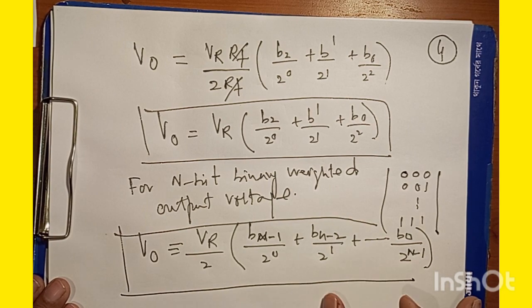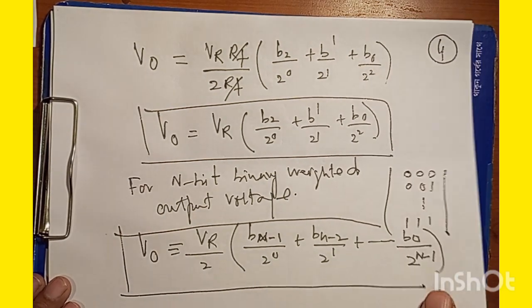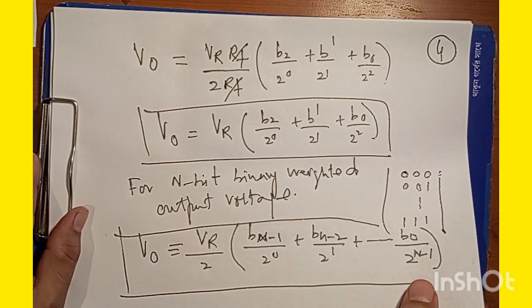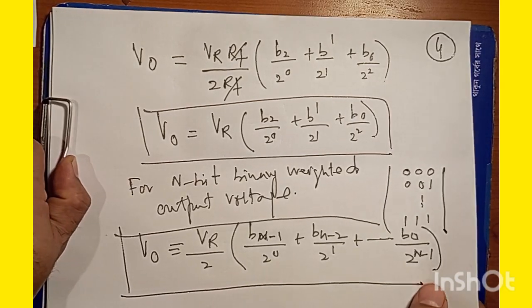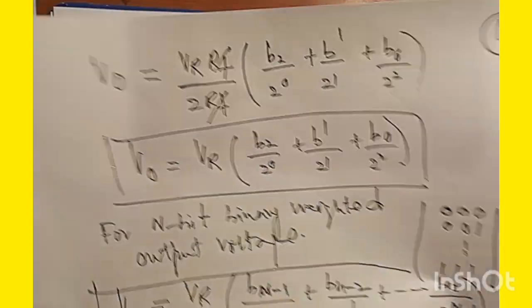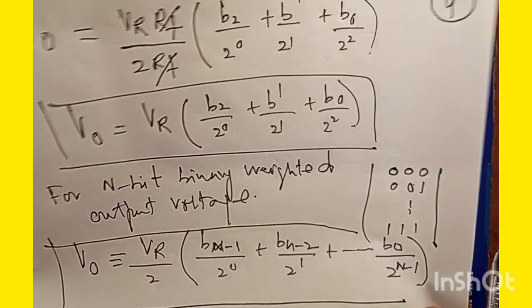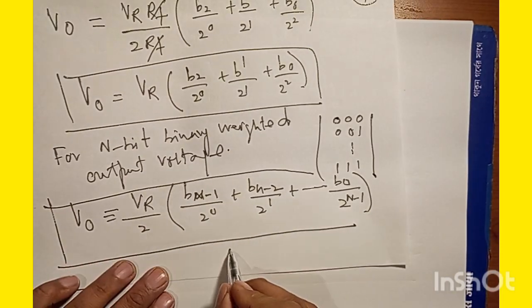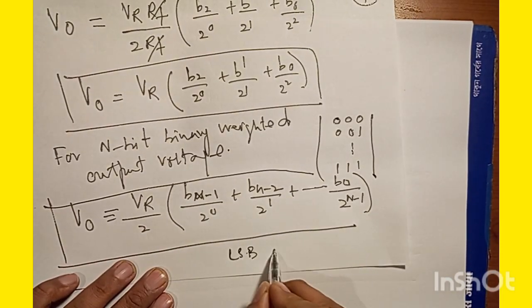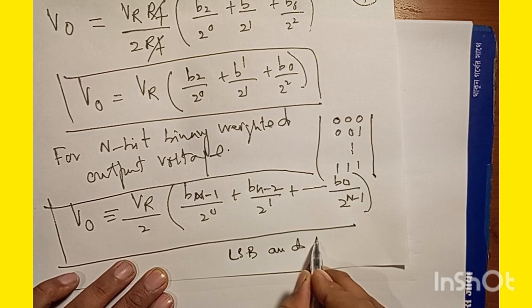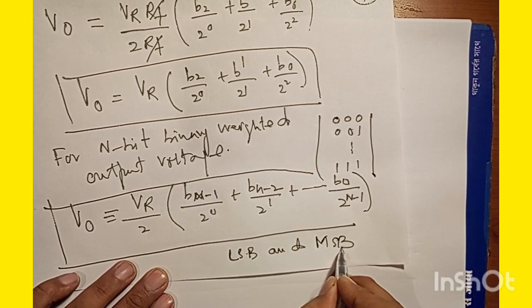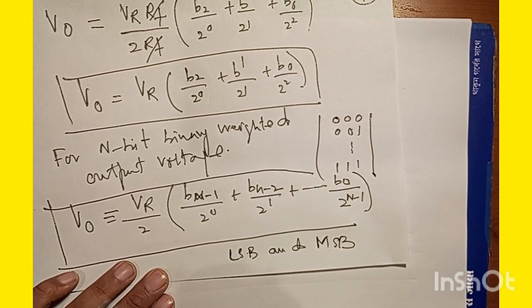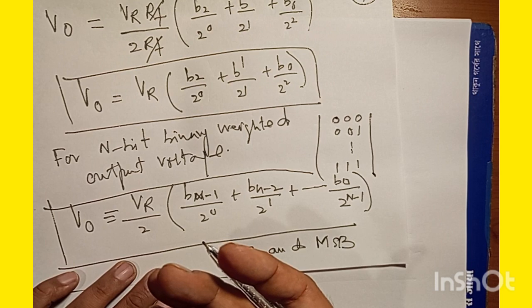Now to proceed, this kind of configuration that we have discussed, in this case the difference between the resistance values corresponding to LSB and MSB will increase as the number of bits present in the digital input increases.